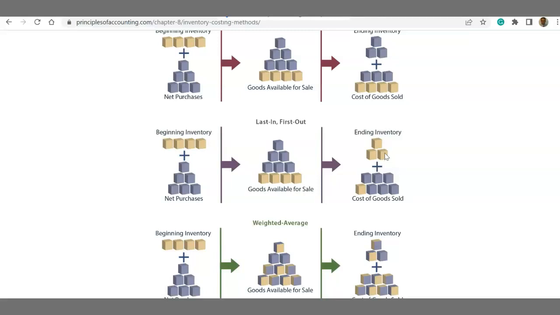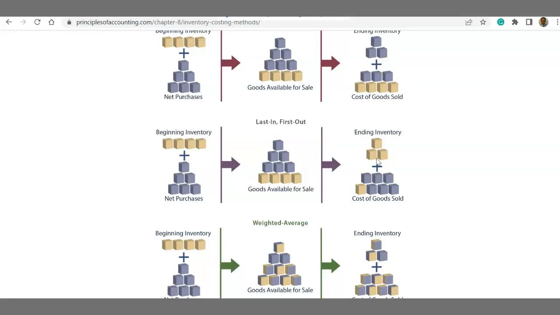A LIFO layer means a layer of inventory that has been left over at the end of year 1. Then in year 2, again, you purchase a lot of inventory and sell it, and let's say your leftover is 2 boxes. So the 3 boxes will be the LIFO layer of year 1, and the other 2 boxes will be the LIFO layer of year 2.